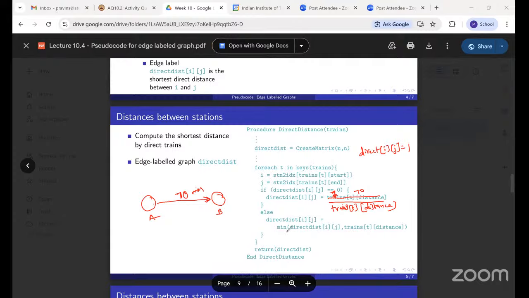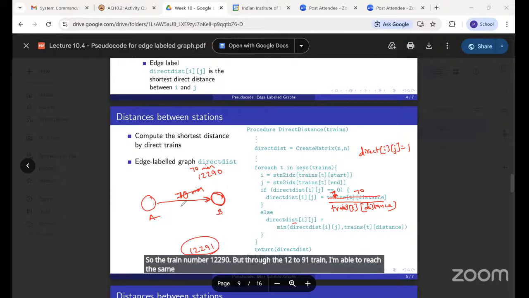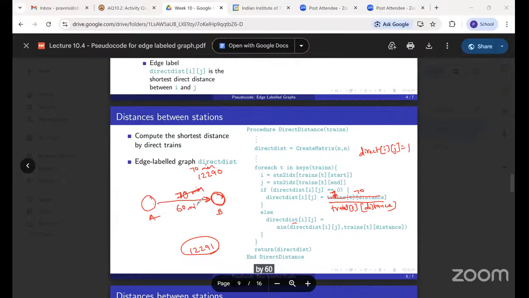And if I'm able to find a direct distance through any other train from station A to B, for example, through train 12290 I can reach in 70 minutes, but through train 12291 I'm able to reach the same start and ending station in 60 minutes, then my edge will now be 60 minutes, not 70 minutes.